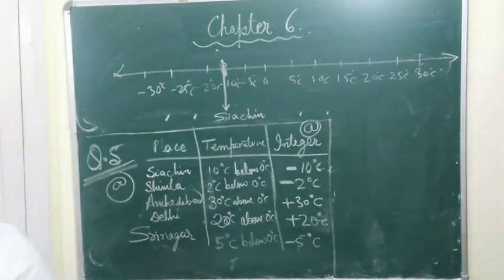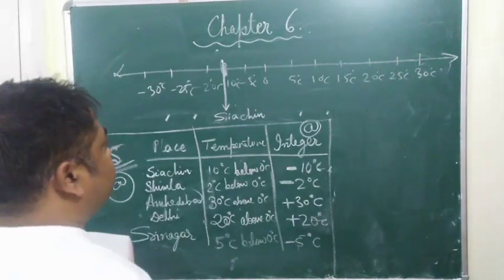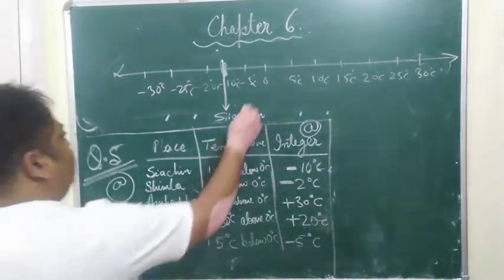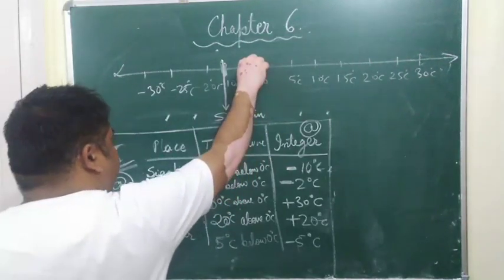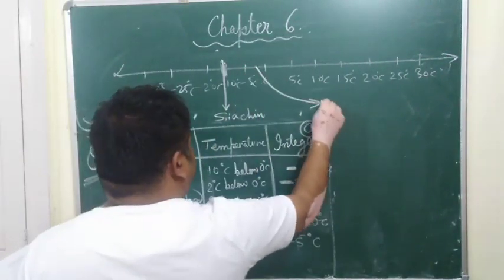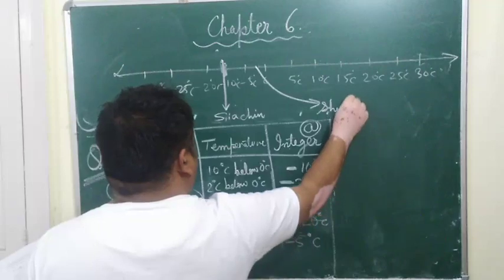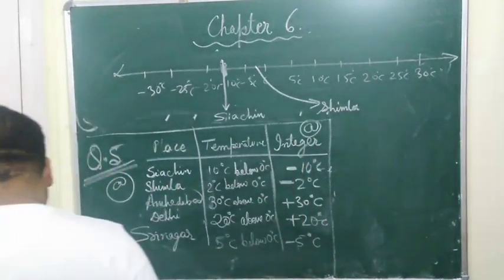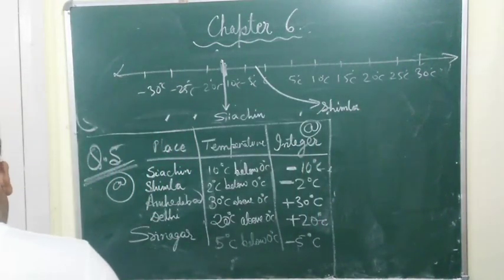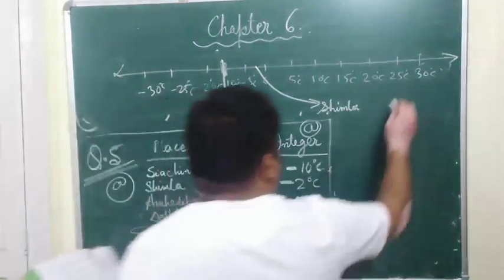Shimla -2. Minus 2 will be in between 0 and minus 5. So it will be somewhere here. Shimla. Next is Ahmedabad 30. This is Ahmedabad.